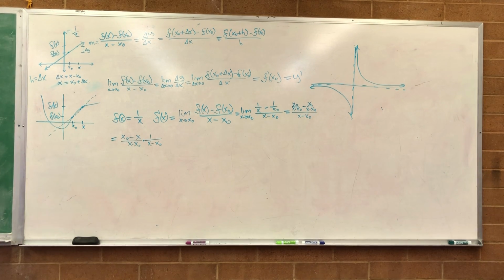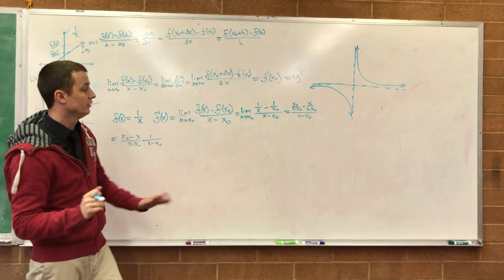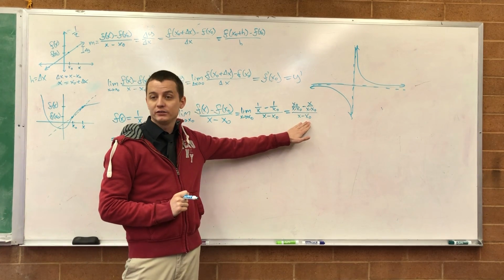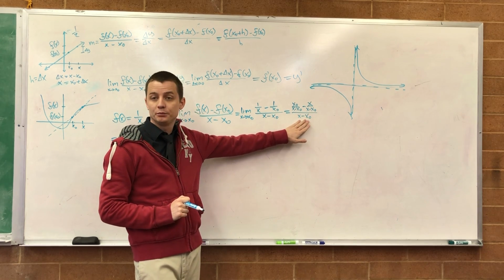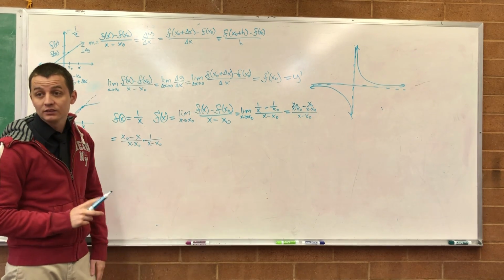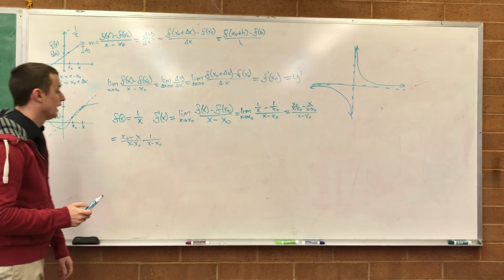Follow the algebra there? Now, keep track of what we're always trying to do with these limits. Your problem is always that you can't divide by 0, so you can't take the limit. The whole goal is to cancel that out of the denominator so that you can finally take your limit.